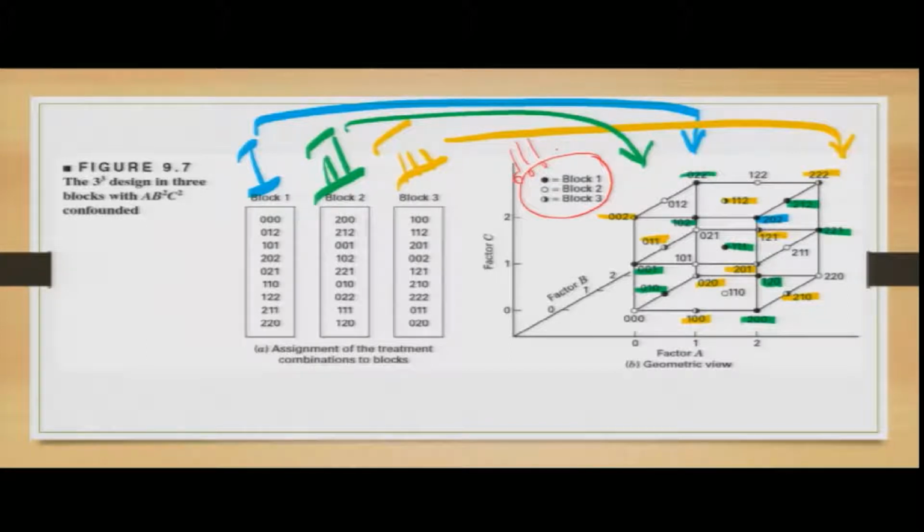And if I go to block 1, block 1 would be blue in color, so I will go to the blue color scheme. 000 is here, 012, 010, 012 is here, 101 is here, then 202 is already done, 021 is here, 110 here, 122 here, 211 here, 220 here.